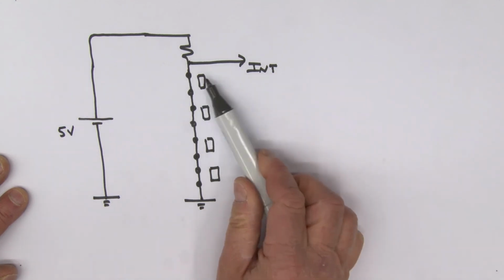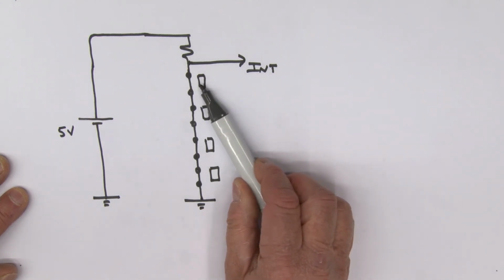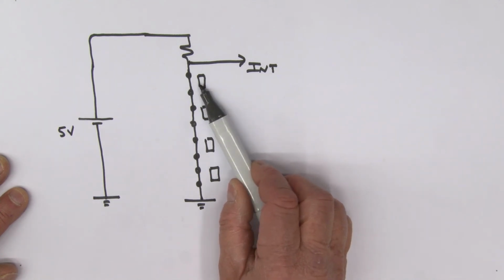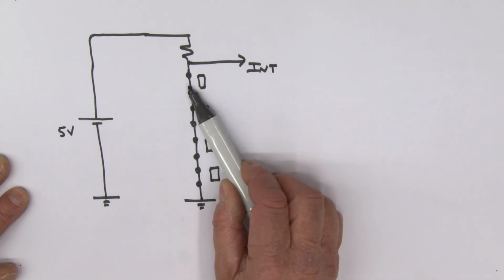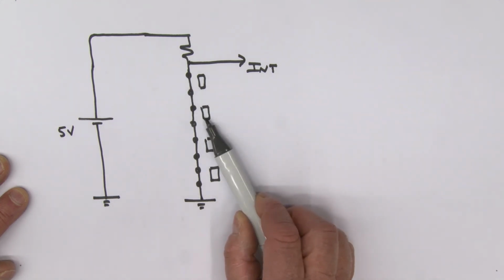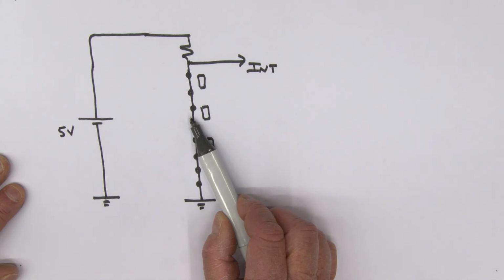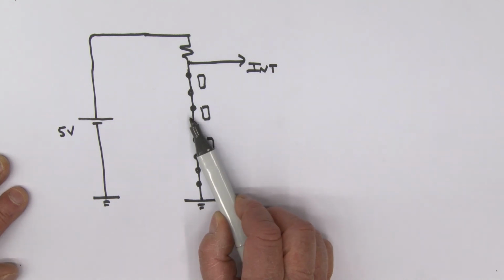Now, as soon as you open, let's say, a door, what happens? You actually don't remove the magnet, but the magnet is then no longer close to the switch, and therefore the switch opens up. We saw that in the case of the door. Same story with the window. If we open the window, we move the magnet away from the little switch, and therefore the switch moves into an open condition.